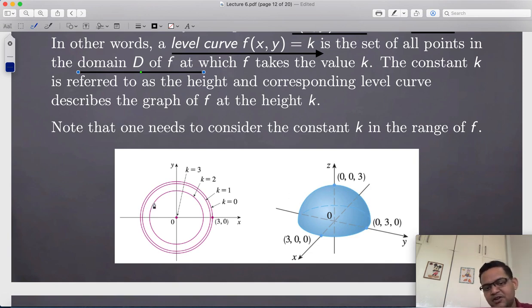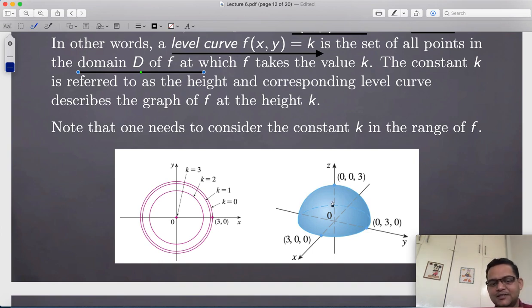All these circles for the corresponding values of k, if you lift them, are going to sit on this surface. So what is basically happening is that this equation is going to give you a curve on this 3-dimensional body, or the surface, if you call it. This whole thing is made of these curves, so if you study each of them, you understand the whole graph.